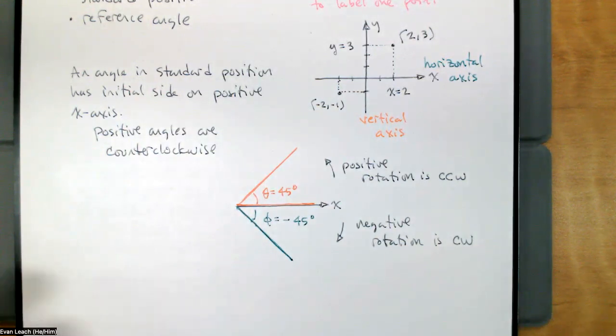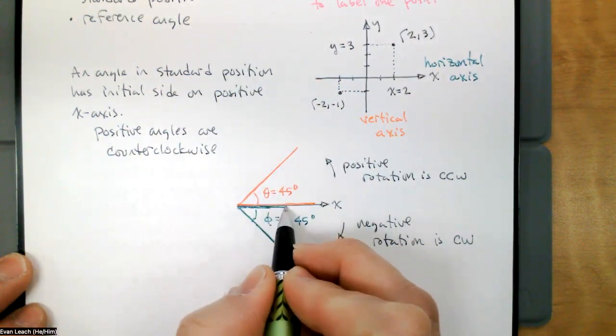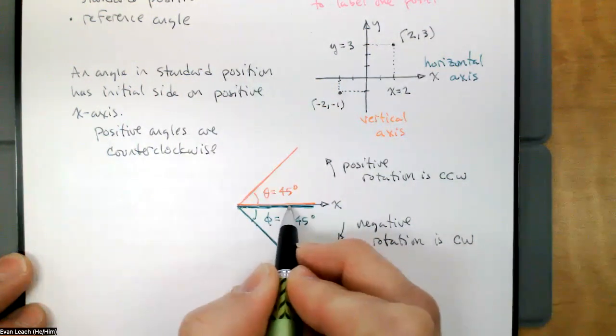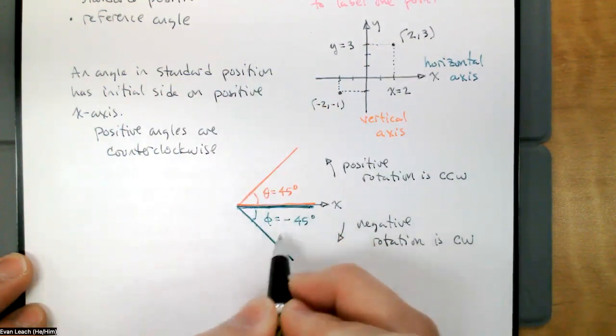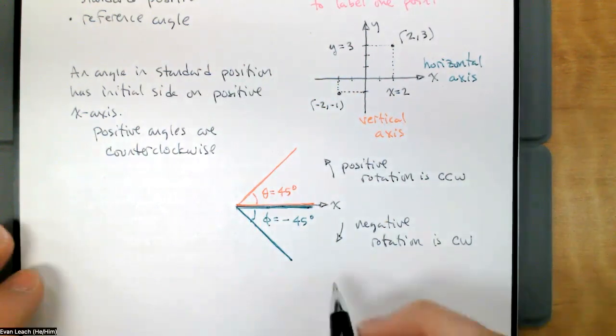Our initial side is on the positive x-axis. Negative 45 degrees means we rotate through negative 45 degrees clockwise to get to our terminal side.